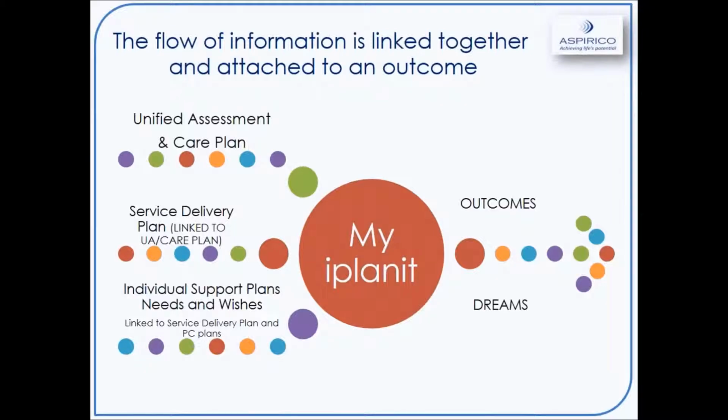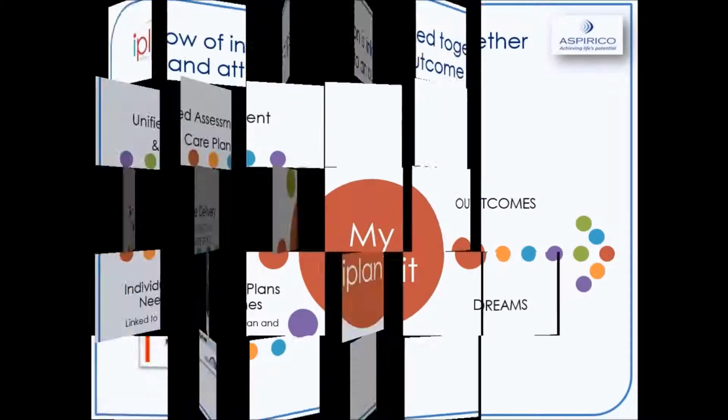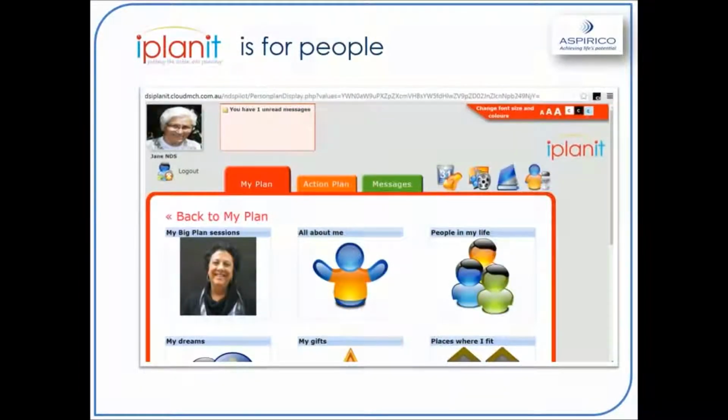With iplanit, the flow of information is linked together and attached to an outcome, so all the important items in the person's unified assessment, care plan and service delivery plan are pulled together to bring you the trackable and reportable data. Let's just have a look at why providers choose iplanit. We are about people. We are keen to support people to achieve their hopes, dreams and aspirations.